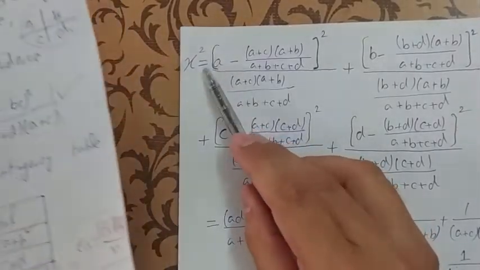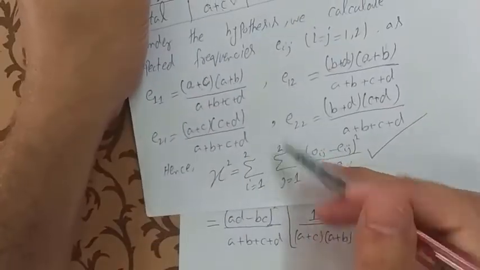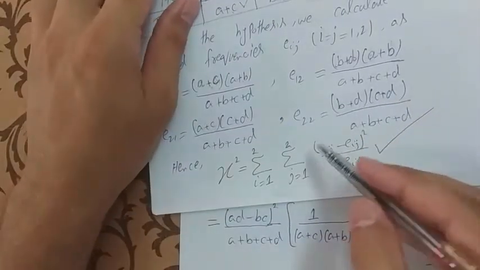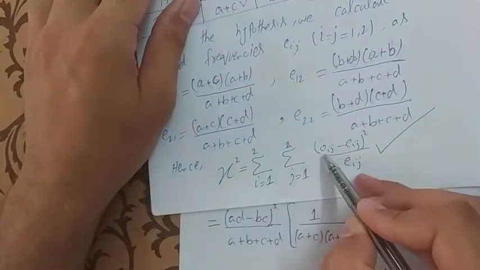Just like this chi-square, we add first for i and then j.